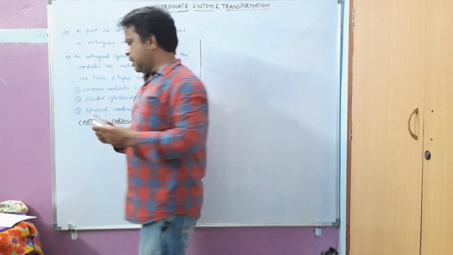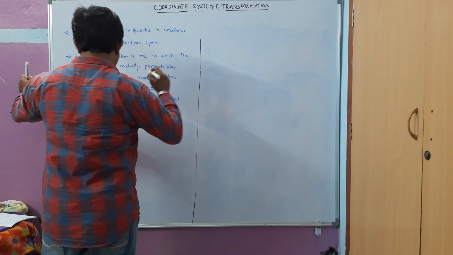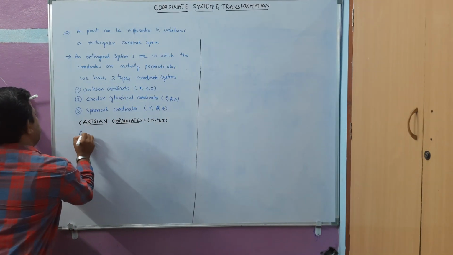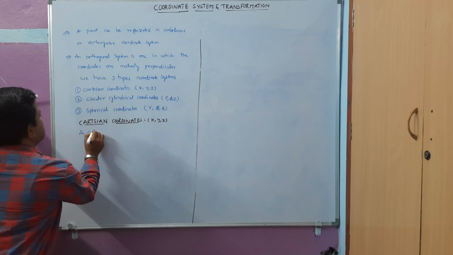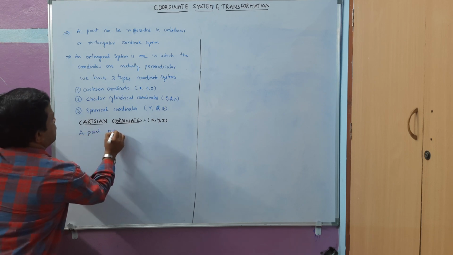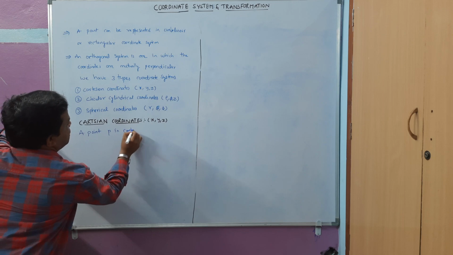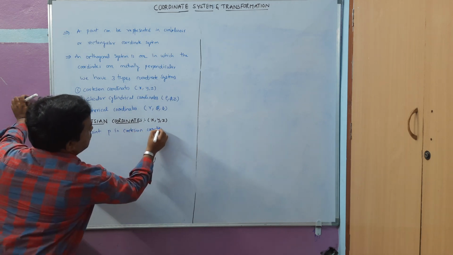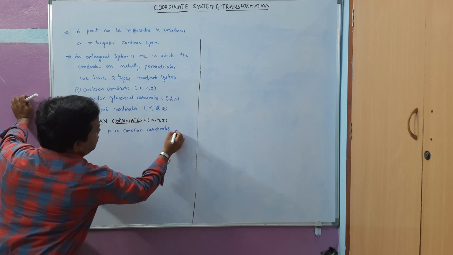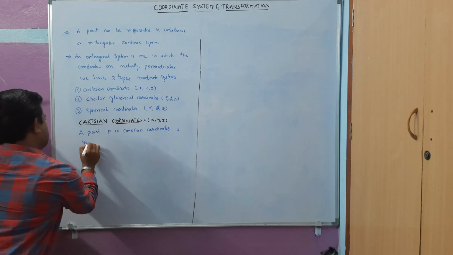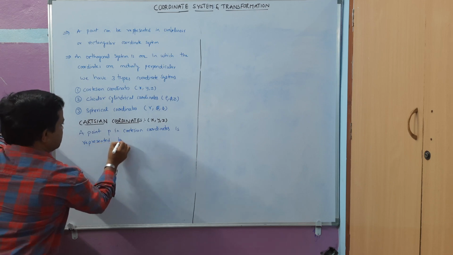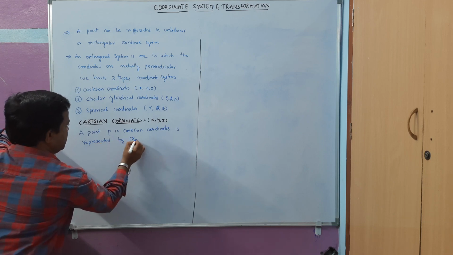A point P in Cartesian coordinates is represented by x, y, z.